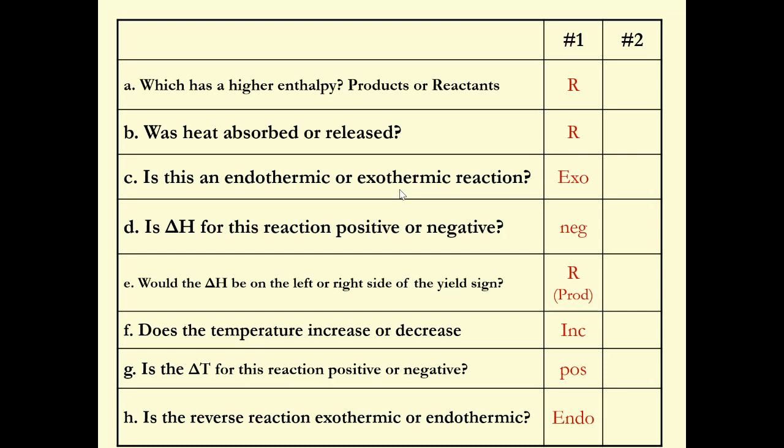A higher final value minus a lower initial value gives us a positive delta T. So for any reaction, the delta H and the delta T are going to be opposite in sign.